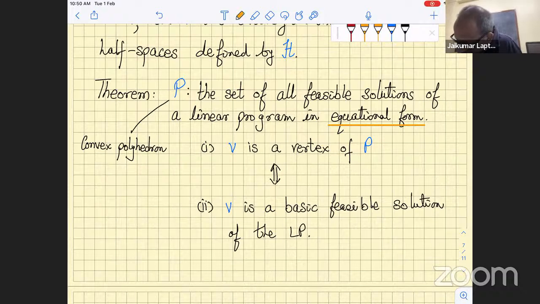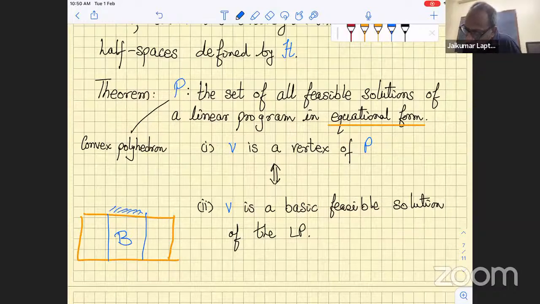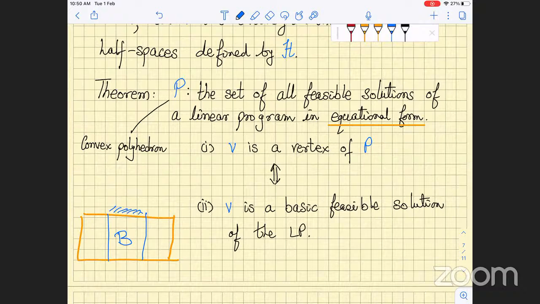Here was your matrix A, and in that there was this matrix B, and the current point v happens to be a basic feasible solution. That means its non-negative values are all confined to these coordinates.